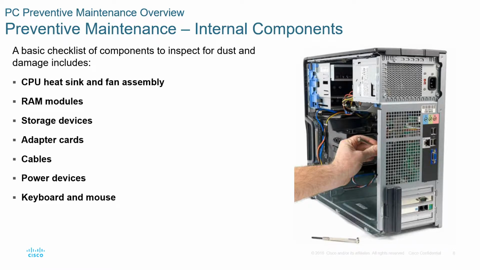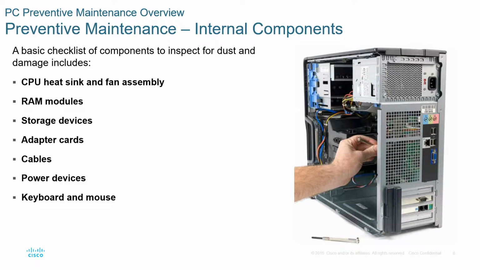So let's talk about the internal components that we should be looking at when we're performing the preventive maintenance. There's a basic checklist, as you can see here on this slide. This basic checklist of components you need to inspect for dust and damage includes the CPU heatsink and fan assembly, the RAM modules, the storage devices, the adapter cards, the cables, the power devices, keyboard, and mouse.